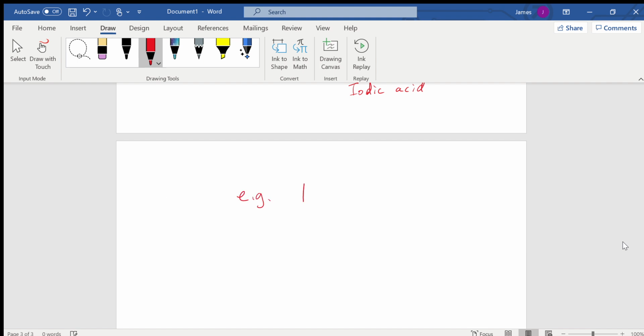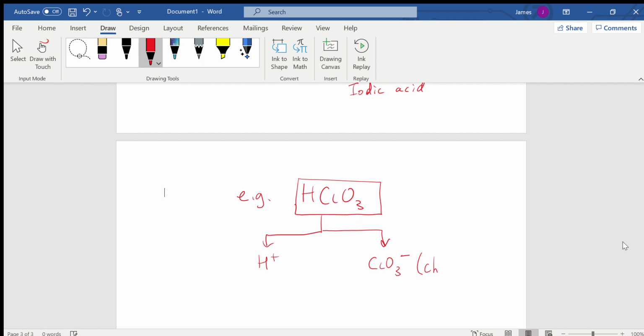Let's look at HClO3. So we have H plus that we're going to ignore, and then the all-important ClO3 minus. This is known as the polyatomic ion chlorate. So it's an ate.